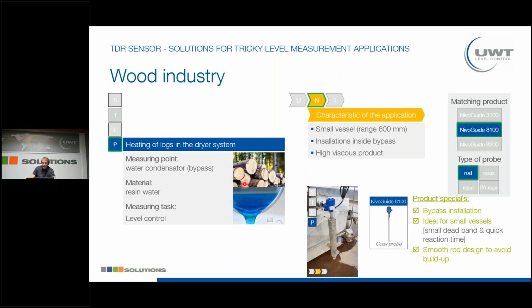We installed the NeoGuide 8100 here, not with a coaxial probe, but it has the effect of a coaxial probe in such a bypass, and it worked perfectly. The customer was very satisfied.